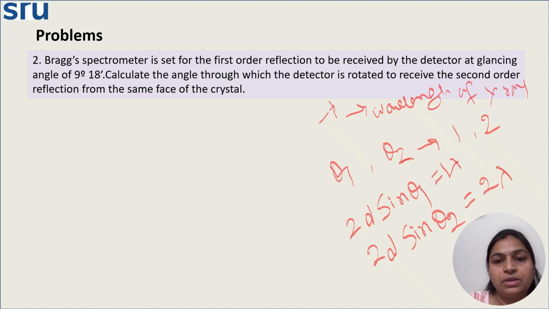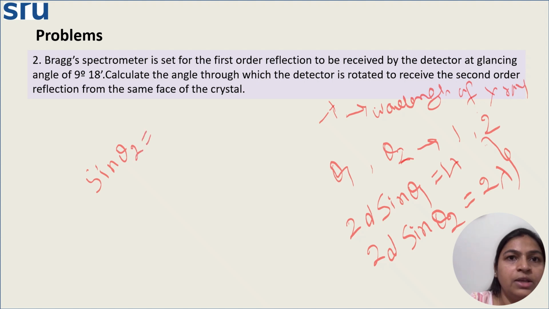It is mentioned here to calculate the angle through which the detector is rotated to receive the second order reflection from the same face of the crystal. If we simplify both equations, we get sine theta 2 is equal to 2 sine theta 1, or sine theta 2 is equal to 2 sine of 9 degrees 18 minutes, as given in the problem.